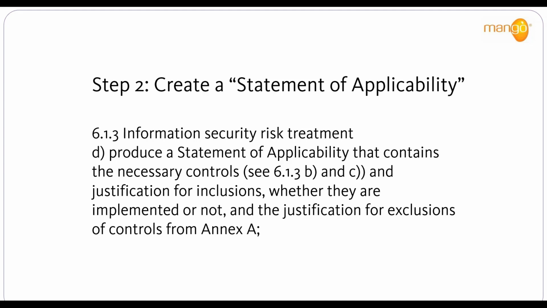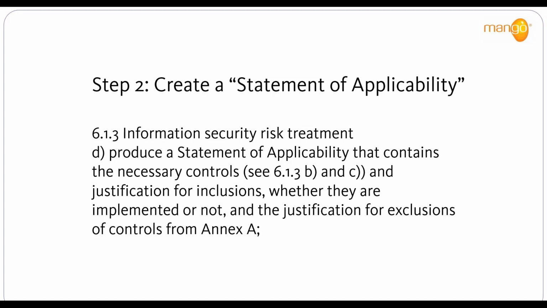For example, there's one exclusion that we've made for Mango because one of the clauses talks about a docking bay or something that happens at inwards goods. At Mango here, we don't have a docking bay or inwards goods. We don't have that at all. So we've excluded that. But everything else, the 107 other clauses of Annex A, we've said, yes, we will do all of those, and here's our justification.